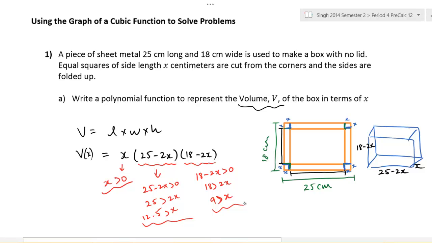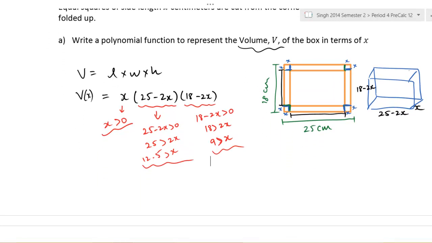If x is less than 12.5, x is less than 9, and x is bigger than 0, then x is going to have to be a number that's bigger than 0 and less than 9. That's the overall domain that I get. Good? Alright, next up.